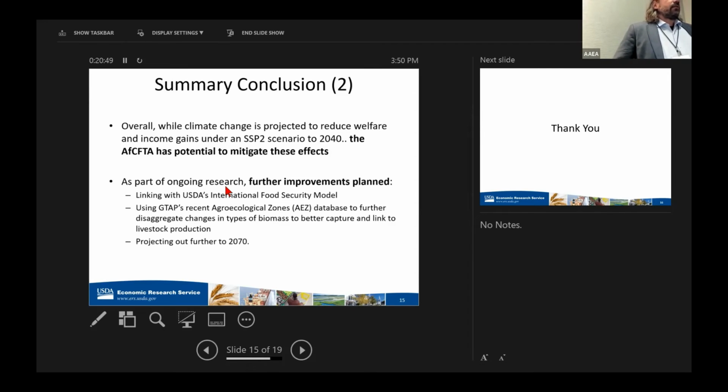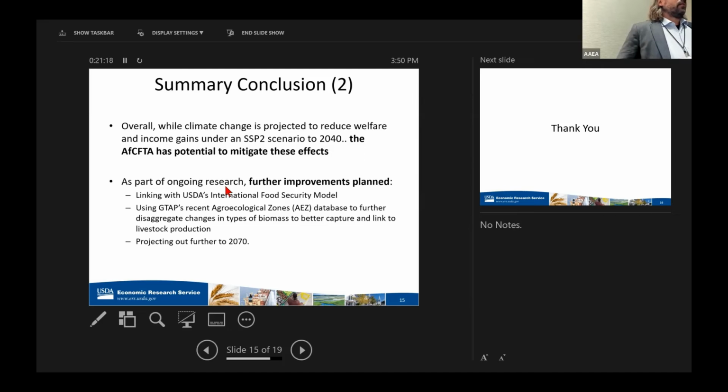We would have to aggregate heavily the international baseline results to be able to present the numbers side by side, and I think we would lose a lot of detail. Also, the regional aggregation is different. GTAP is actually better; now it has 158 countries. The international baseline, I don't know off the top of my head the number of regions, but probably not more than a few in Africa.